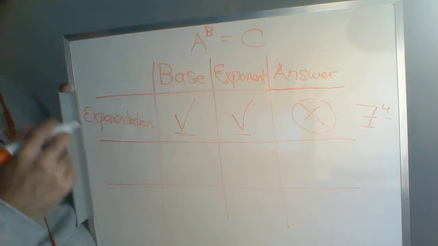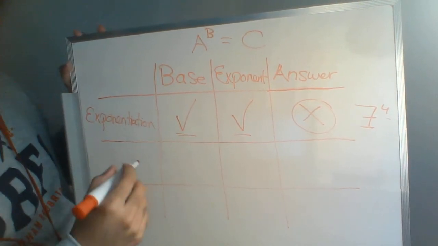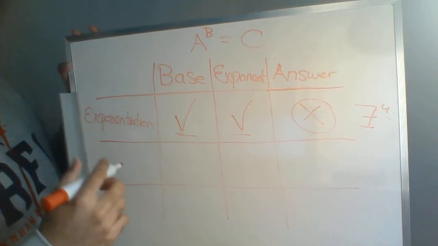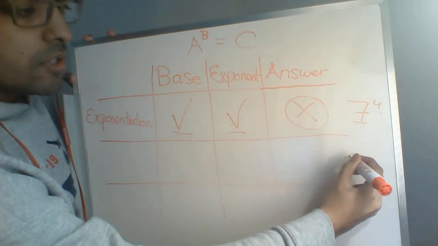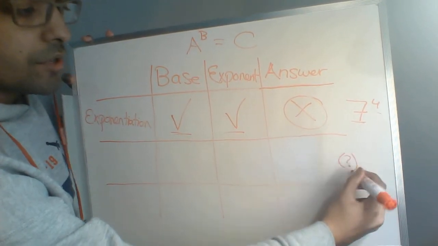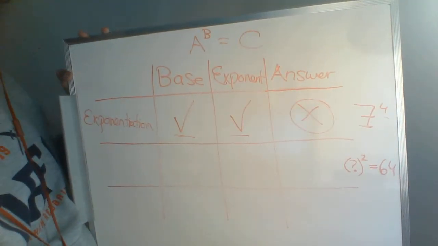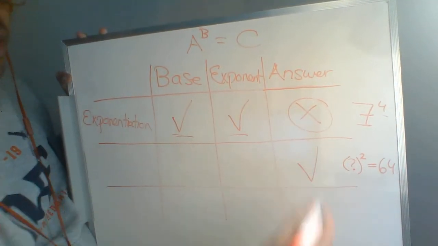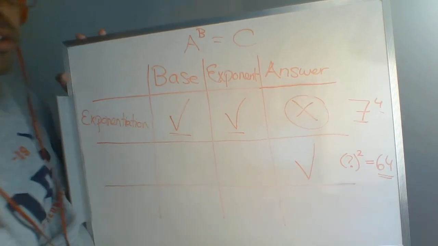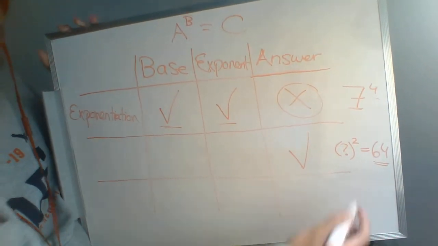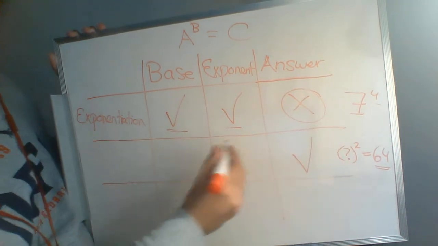We started with exponentiation. And then we ended up going sort of backwards, where if I gave you something, I'll put a little question mark, something squared is equal to 64, let's say. In this case, I've given you the answer, right? I've given you that the answer to that exponentiation problem is 64, and I've given you the exponent.